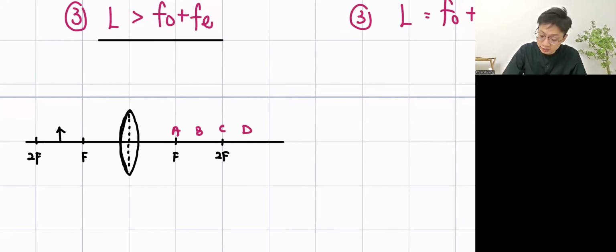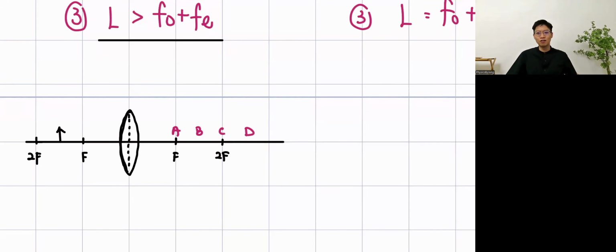Guess first. This is a very common school exam question now. If my object is there, will it form at A, B, C, or D? Where will my image be?